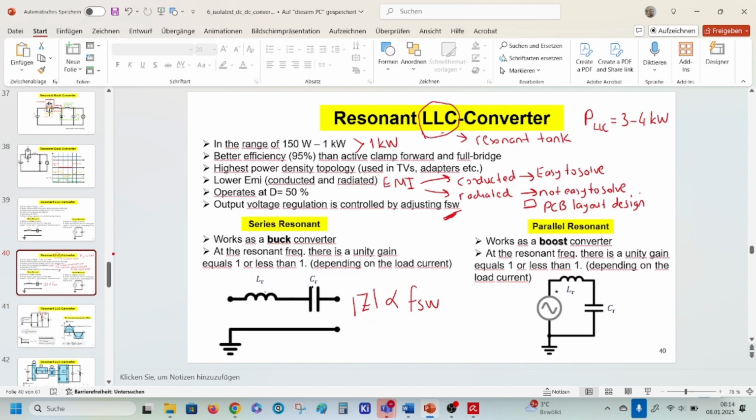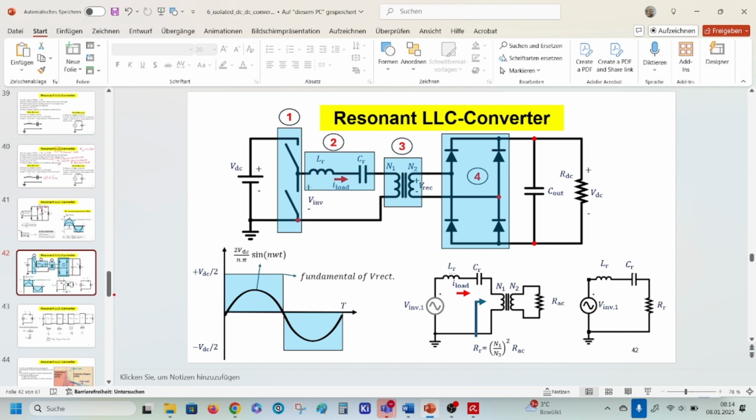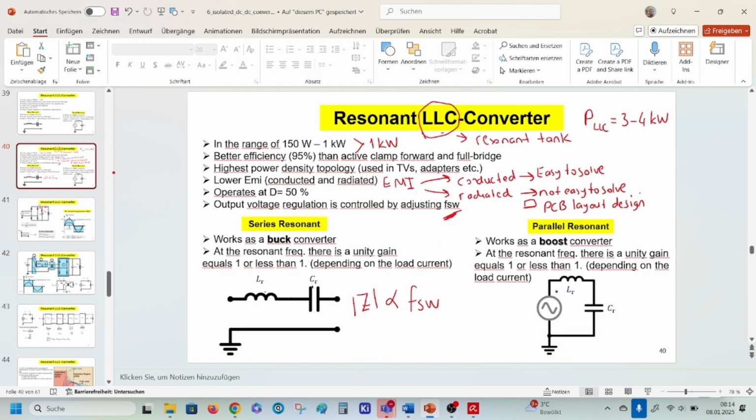What is the difference between series and parallel resonance? In real applications, if you look at a normal resonant LLC converter, it's always a series converter. That means it works as a buck converter. The important point is that we switch the circuit at the resonant frequency.